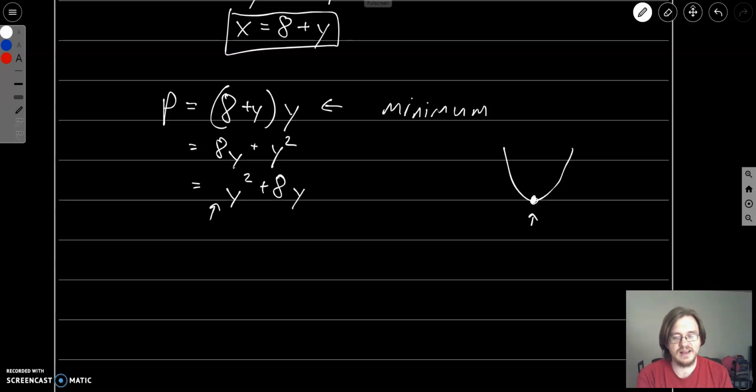Well, the minimum value is going to be at negative b over 2a. So this is the vertex.